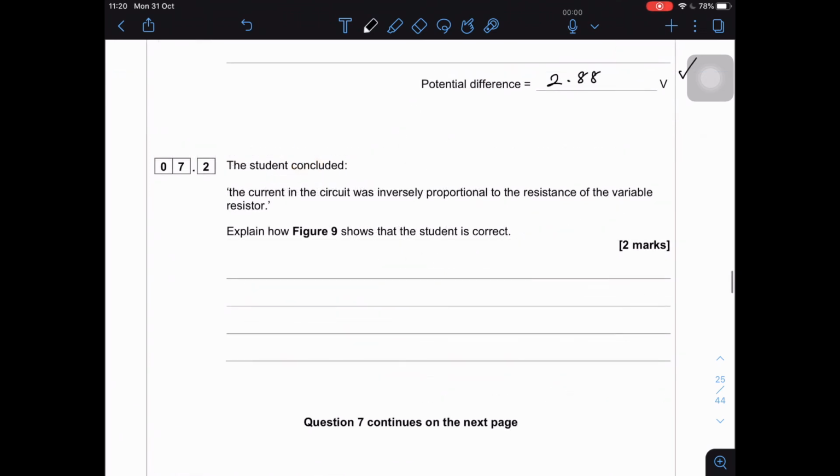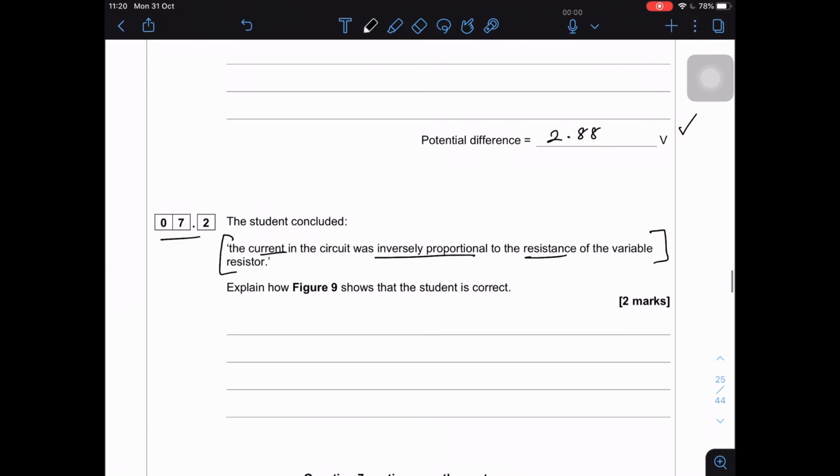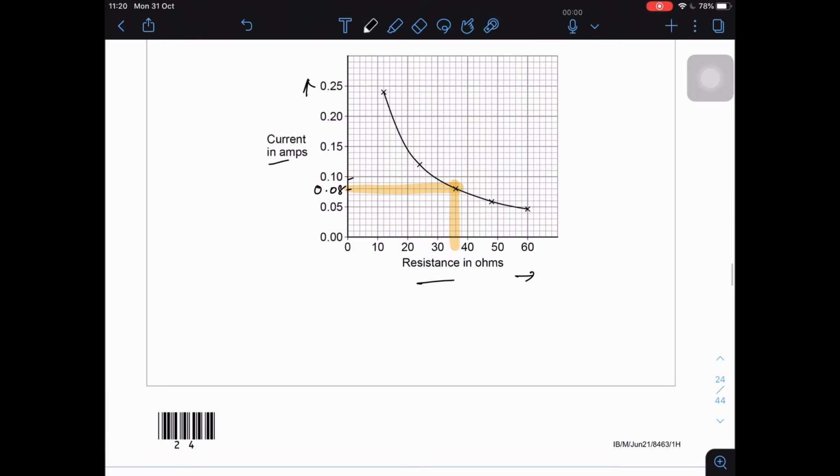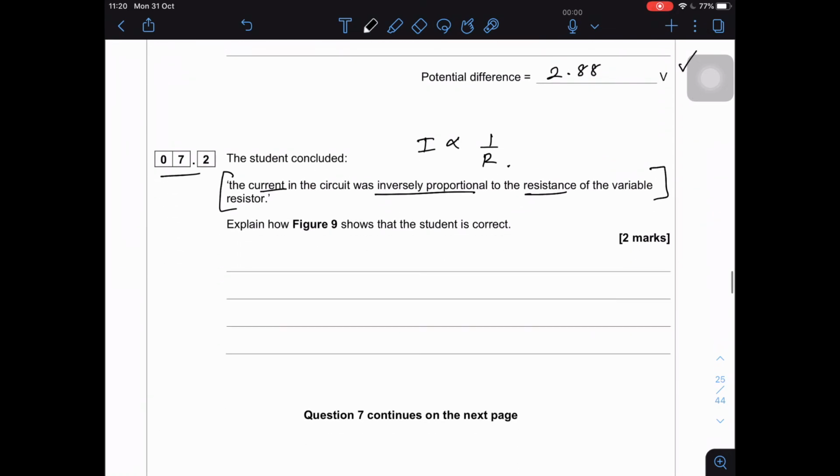All right, 7.2. So this student has concluded that current and resistance are inversely proportional to each other from the graph. Okay, so that means current is inversely proportional. What does that mean? That means that as current increases, the resistance is decreasing. But how do we know that for sure? Right?